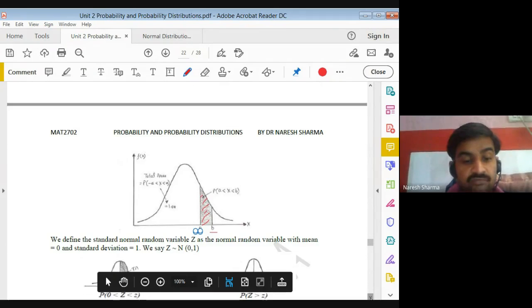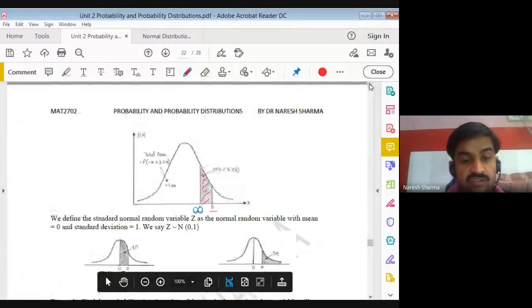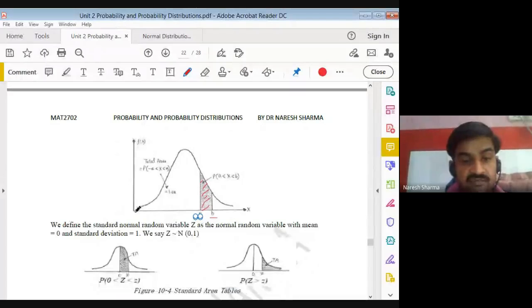In case of the standard form, we can shift the y-axis from here to here. We shift this axis, that is f(x), into z, and that function we rename as f of z.